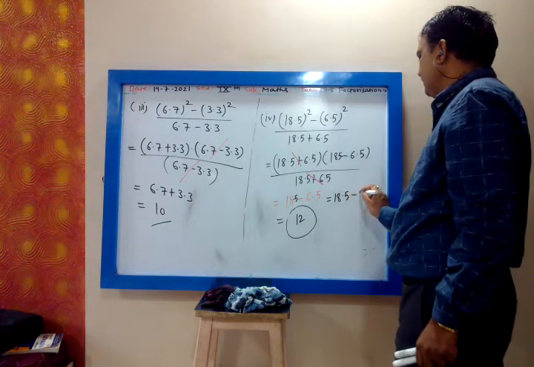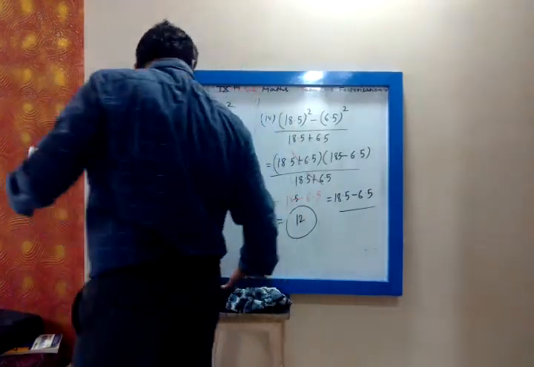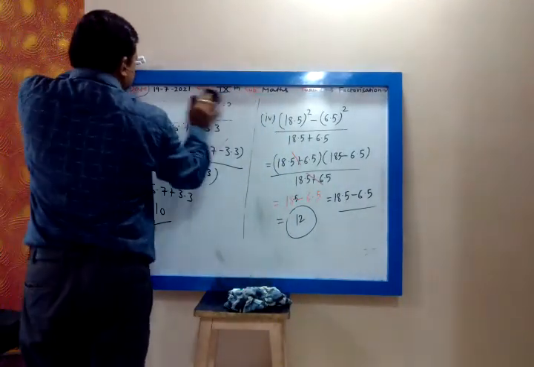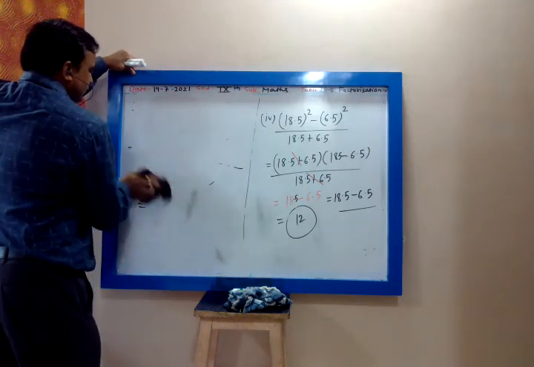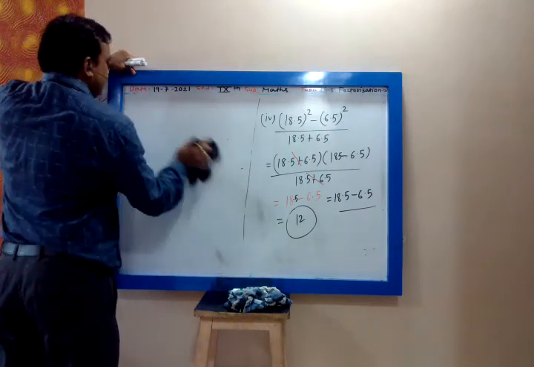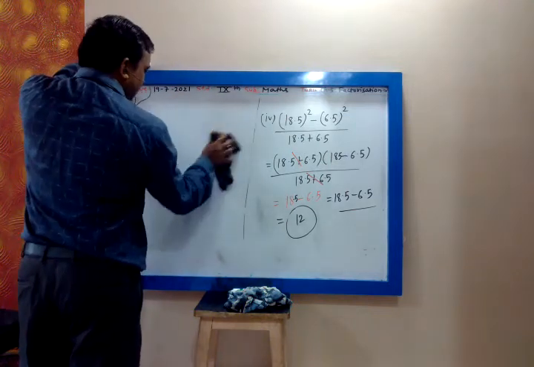The question is 18.5. So write one surprise test based on this factorization: difference of two squares, sum of two cubes, difference of two cubes, then grouping, then taking the common term.